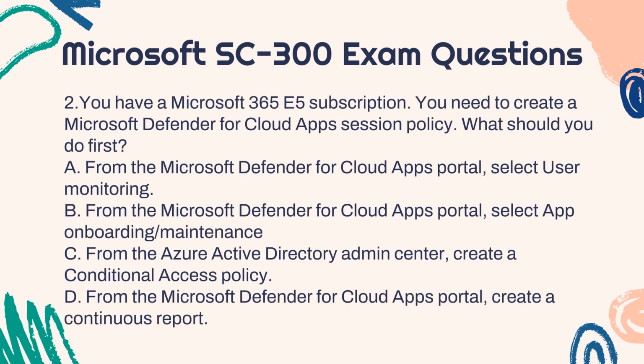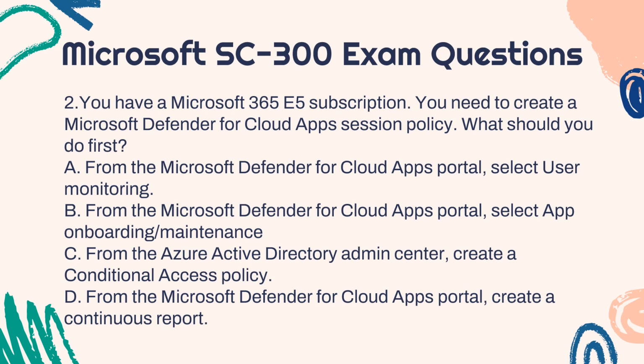2. You have a Microsoft 365 E5 subscription. You need to create a Microsoft Defender for Cloud Apps session policy. What should you do first? A. From the Microsoft Defender for Cloud Apps portal, select User Monitoring.